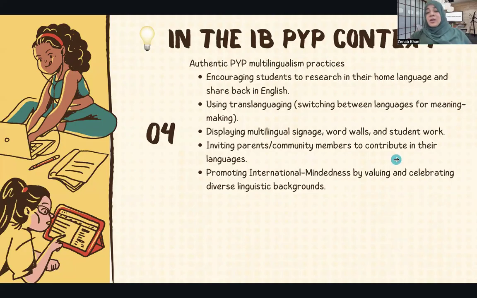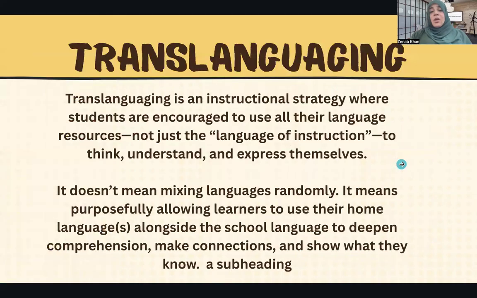Moving on to understanding what is translanguaging. I'll explain through some examples. Maybe a bilingual word wall. If your unit is on energy, you can put a vocabulary like solar energy in English, Saur Urja in Hindi, and something in Arabic or French also.